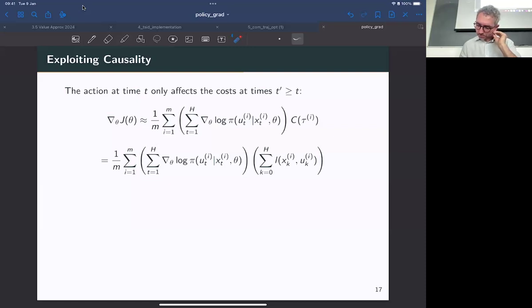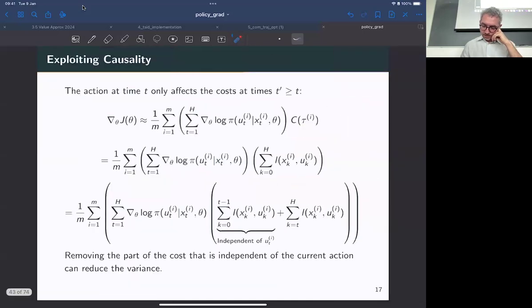Let's write down this cost here as a summation, because the cost is simply the summation of the instantaneous cost at each time step for every pair state action. So we simply rewrite this as this. And then here we split this cost into two parts.